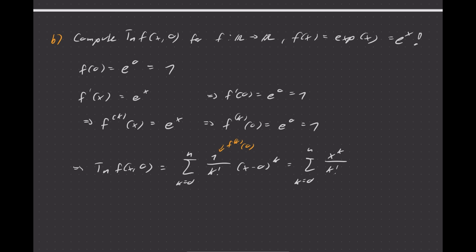So this is the Taylor polynomial of the exponential function for arbitrary degrees. Okay, so that's an example, and of course, usually it's not that simple to compute the kth derivative, so you'll probably have to put in some work to get that. But once you have that, the rest is just substituting the result into that formula, and you're good.